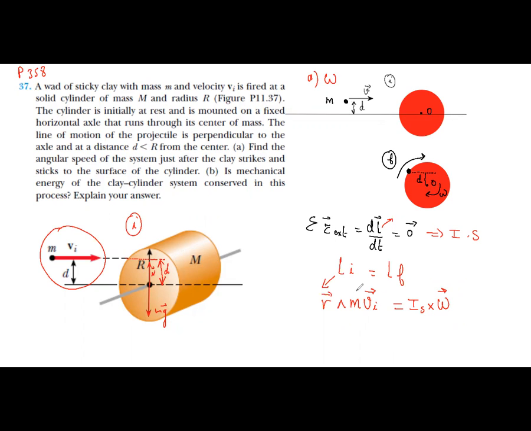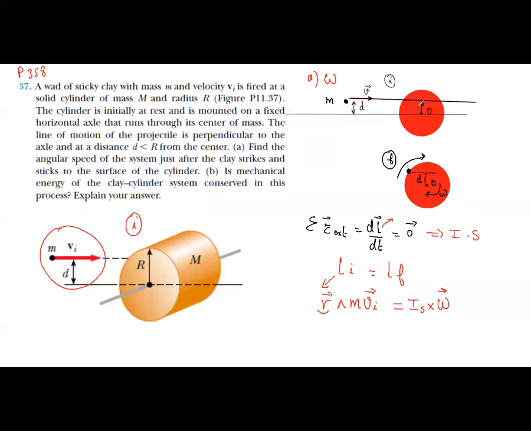Here r is the projection from the center to the elongation of the velocity. What I mean? Look here. Here we have the velocity of the mass m. We can extend this line like this, and from the center we can take the projection on the velocity.